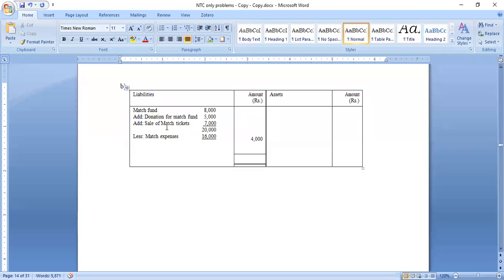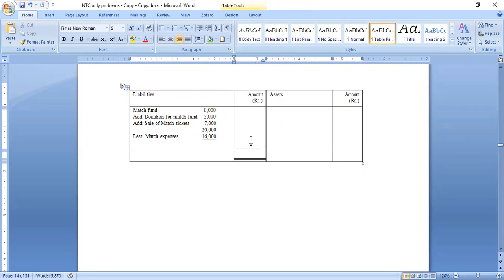I just copied everything because all other things are the same. Only match expenses we have to increase. It comes around 22,000. So we have a negative balance here, around 2,000 rupees. So this 2,000 negative balance.